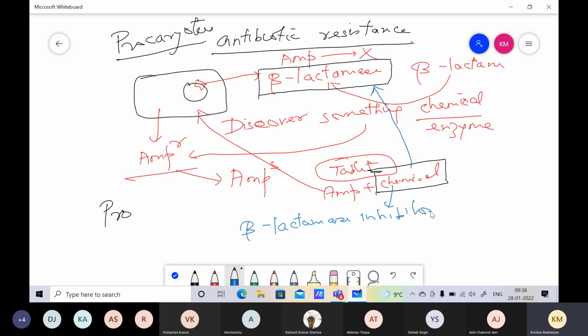Because when you have ampicillin along with this chemical, ampicillin will kill all cells other than those which are ampicillin resistant, and these cells survive and create trouble for you. But now, along with ampicillin, you have this beta-lactamase inhibitor. Even this ampicillin resistant cell will produce beta-lactamase to counter the effect of ampicillin, but because of the inhibitor that attacks this beta-lactamase, it will no longer be effective. So even ampicillin resistant cells will die.